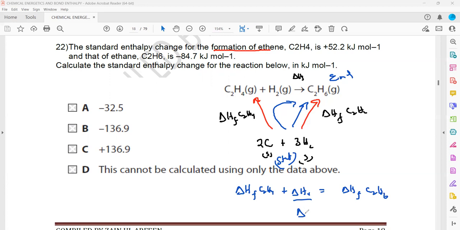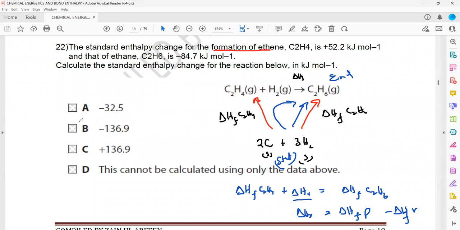Or, the enthalpy change equals the total formation of products minus the formation of reactants. As we discussed, if formations are given, it is always the enthalpy change of the products minus the reactants.